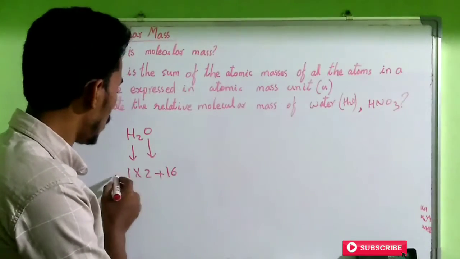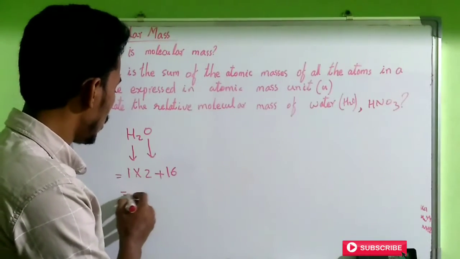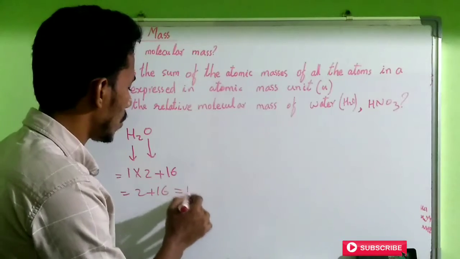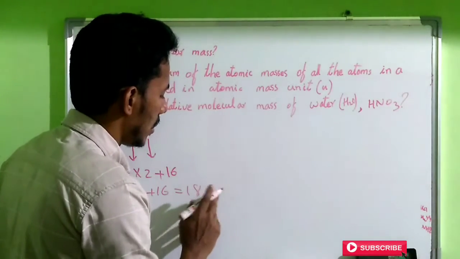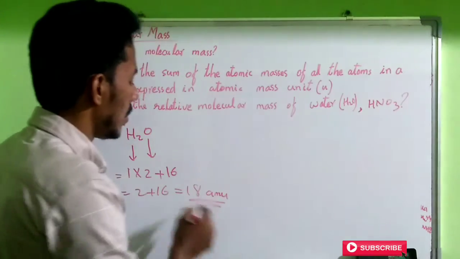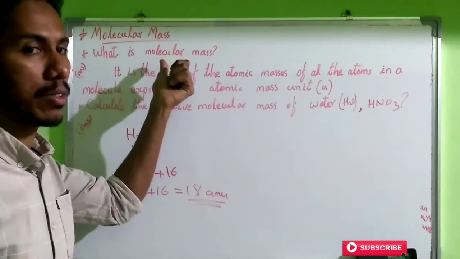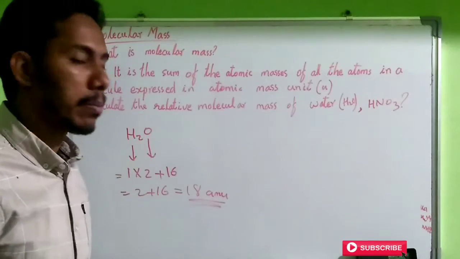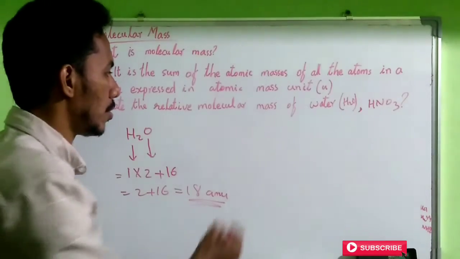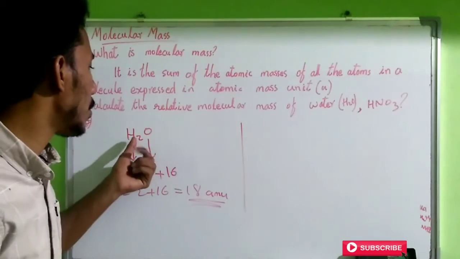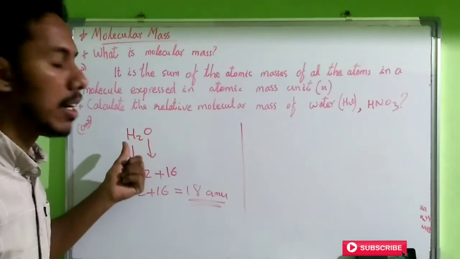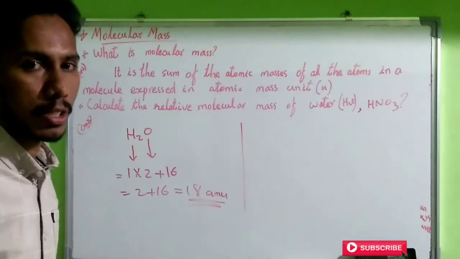So 1 into 2 plus 16 equals 2 plus 16 equals 18 atomic mass unit. 18 AMU is the molecular mass of H2O. So, molecular mass means the sum of atomic masses of the atoms in a molecule.